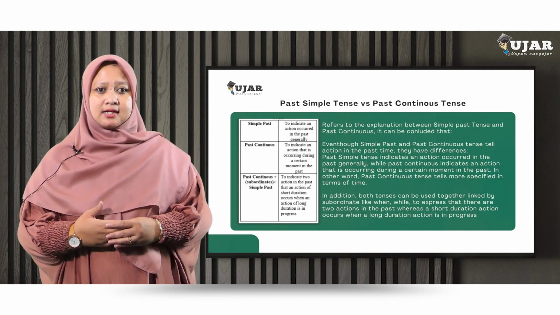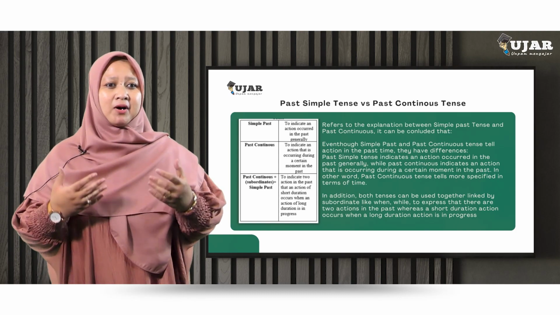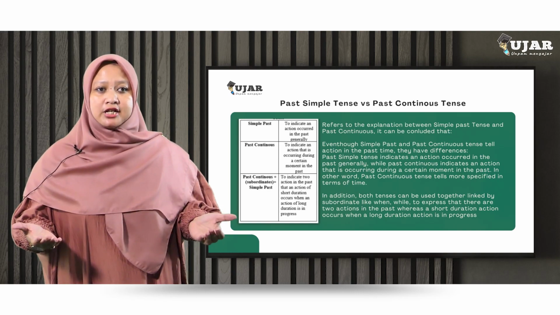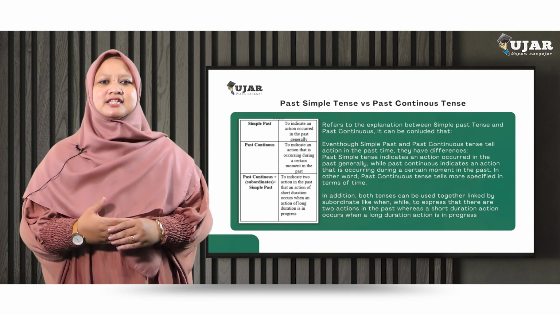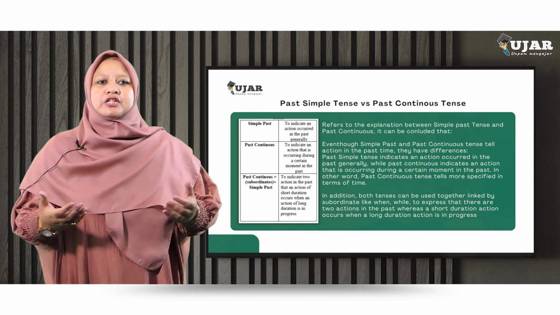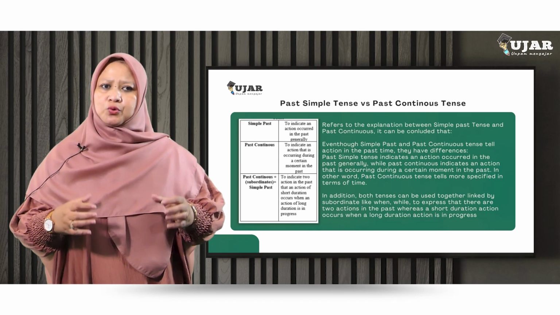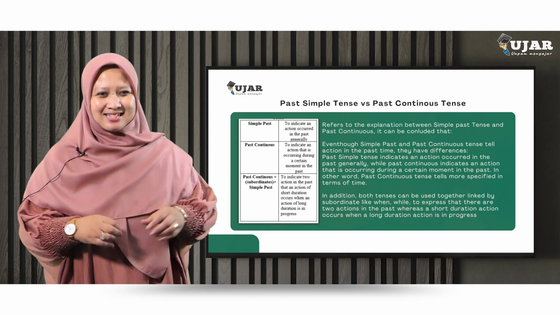In other words, past continuous tense is more specified in terms of time. In addition, both tenses can be used together linked by subordinate like when, while, to express that there are 2 actions in the past, whereas a short duration action occurs when a long duration action is in progress.